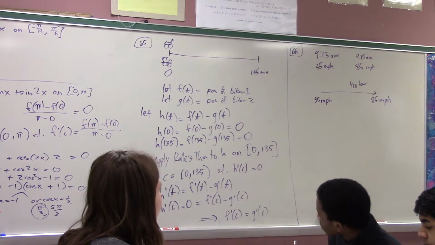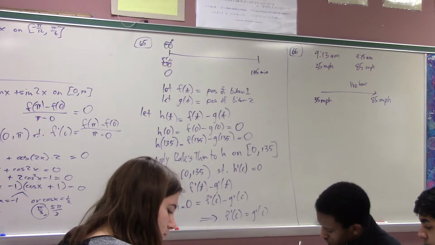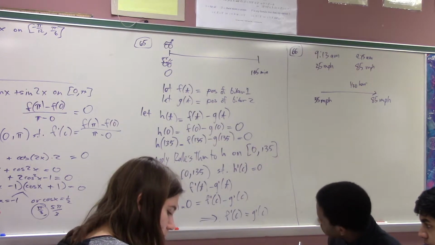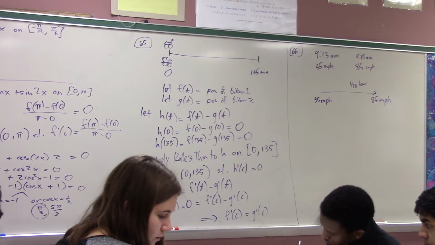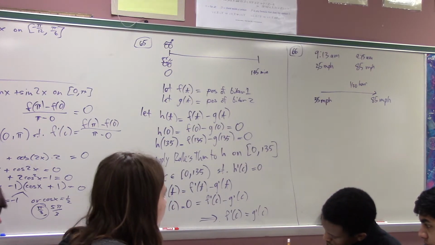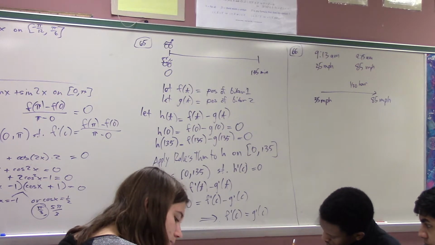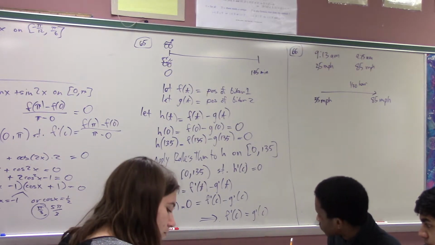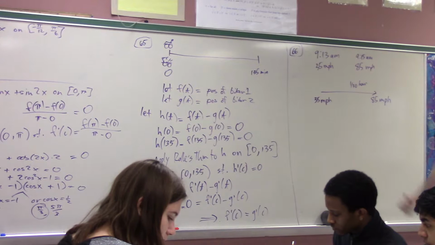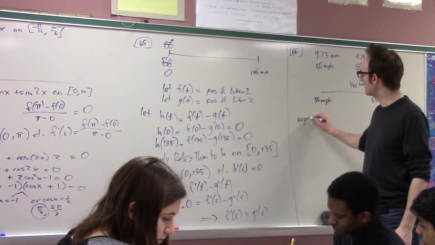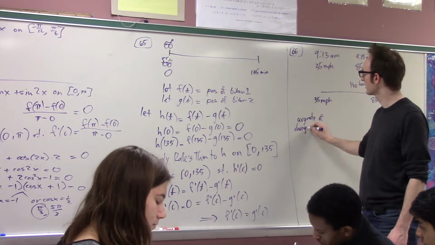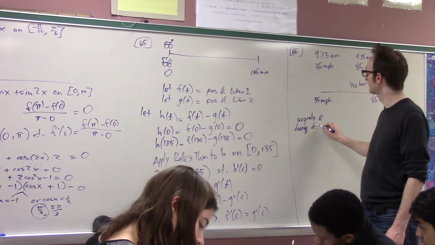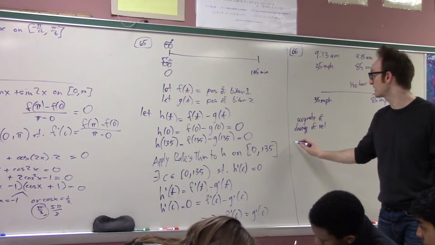Well, one way of stating the mean value theorem is that over any interval, there's somewhere on the interval in which the instantaneous rate of change equals the average rate of change. So what is the average rate of change of the velocity, otherwise known as average acceleration?